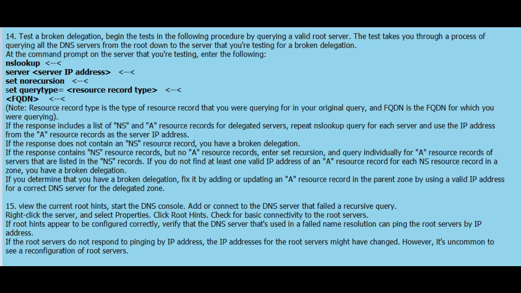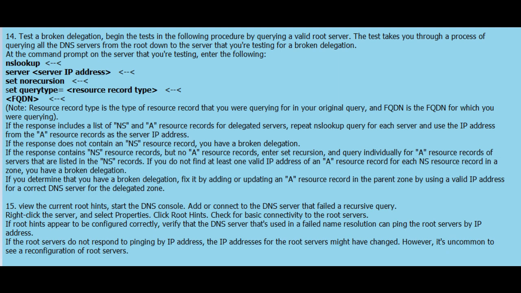If the response includes a list of NS and A resource records for delegated servers, repeat the nslookup query for each server and use the IP address from the A resource records as the server IP address. If the response does not contain an NS resource record, you have a broken delegation.